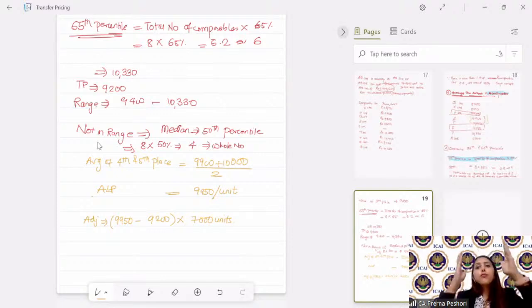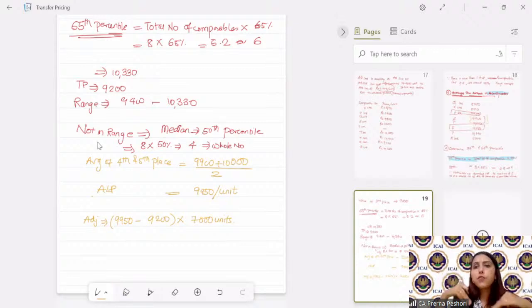So what you will do, first step, arrange in the ascending order, obtain the 35th percentile. What is 35th percentile? Total number of comparables into 35%. That will give you, if it is a decimal, round it off to next number. If it is a whole number, take the average of the data at that particular place and the next place.